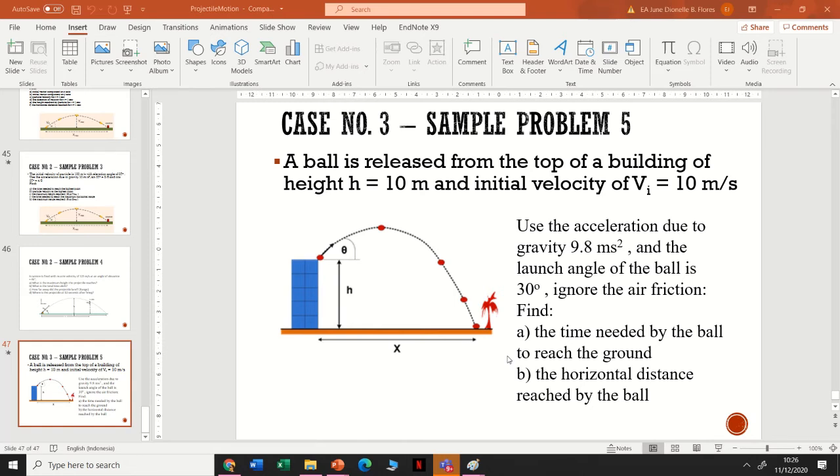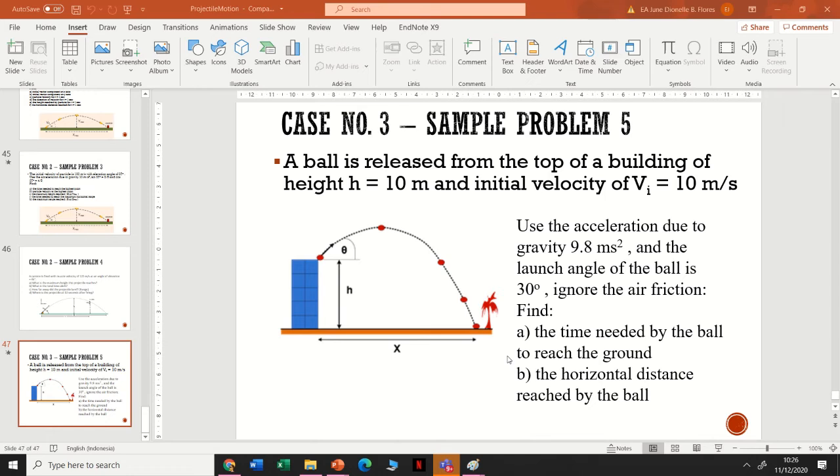And looking into the dimension aspect equations, you have two parts in there. You have the horizontal and then the vertical. So either way, you solve the total time, it's okay. The only problem is which of these two dimensions would make it possible for you to solve for the time.